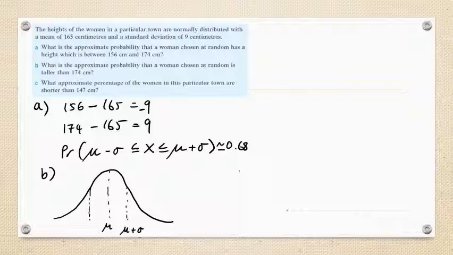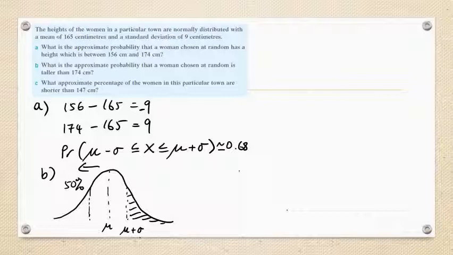We want taller than 174, so it's going to be this area down here. Now, if you remember, this is symmetrical. So if I wanted the section to the left of the mean, that's going to be 50%. Because this side is 50%, this side must also be 50%.